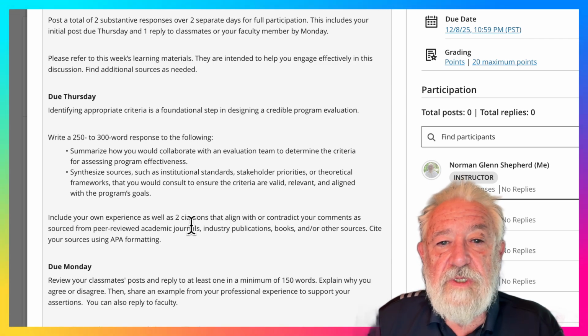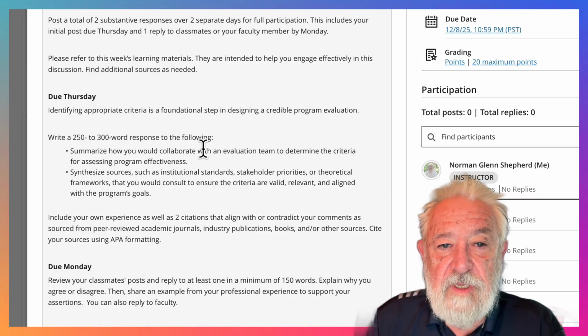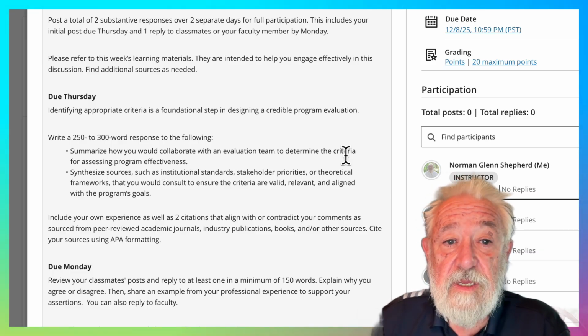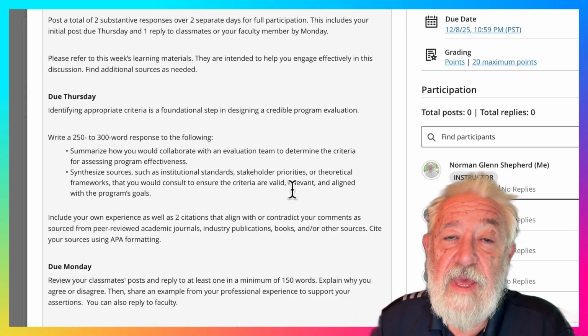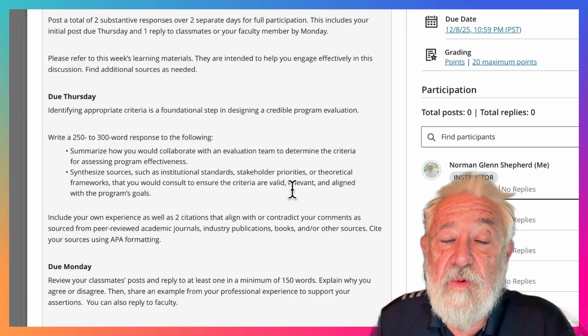So here we're just looking at how to determine the criteria for assessing the program effectiveness, and if you're working with a team, how you would work with them.